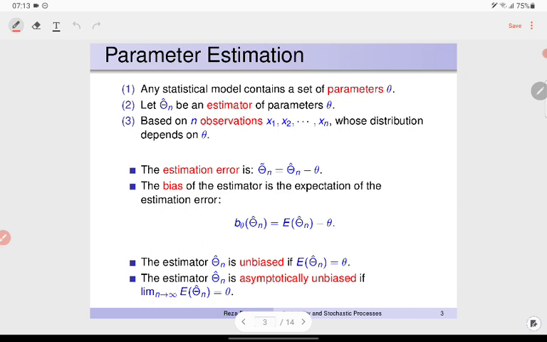And the estimator theta hat n is called asymptotically unbiased if the limit of the expectation of theta hat n when n approaches infinity, so that means we need infinitely many observations, is equal to theta. This is what we call parameter estimation.